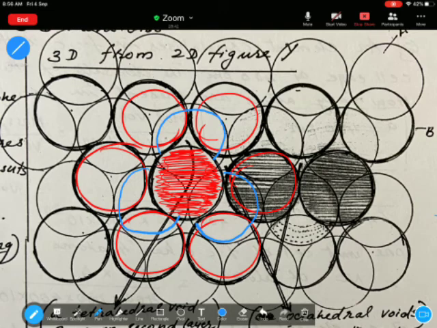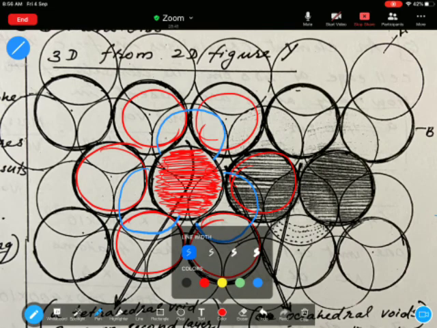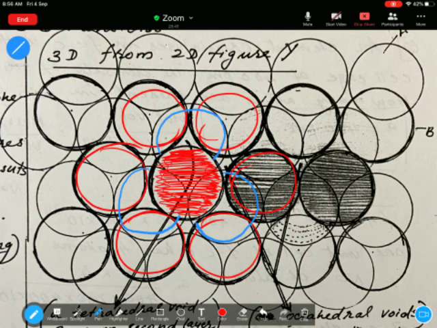So altogether the central red ball is in contact with 12 balls of the same size, the anions or bigger balls by which you make the crystal lattice. So its coordination number is 12.